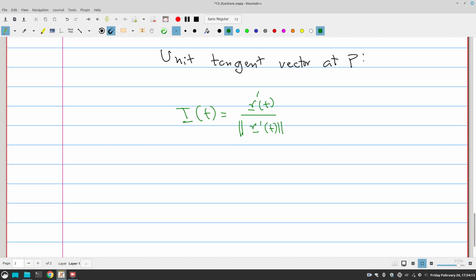This quantity is known as the curvature. This is equal to the magnitude of the derivative.